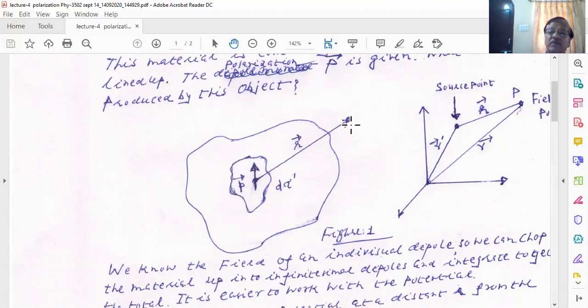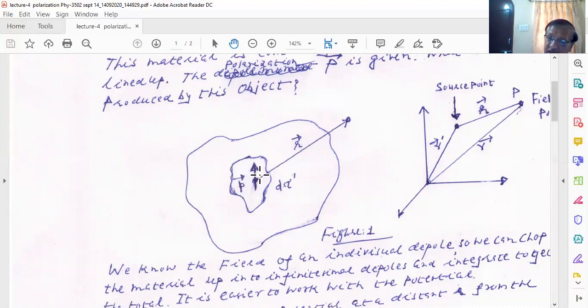So what we will do, we will consider a small volume element d tau prime, right? We will find out the field at the point P because of all the dipoles present in the volume element d tau prime.